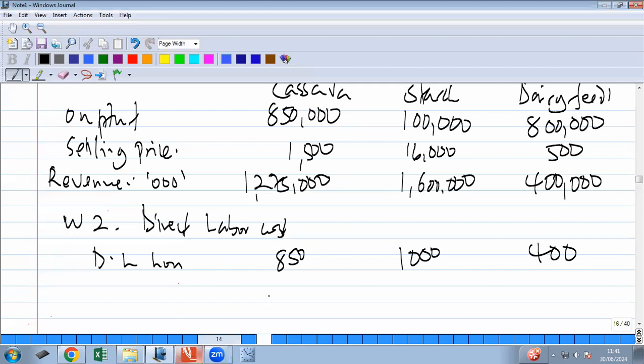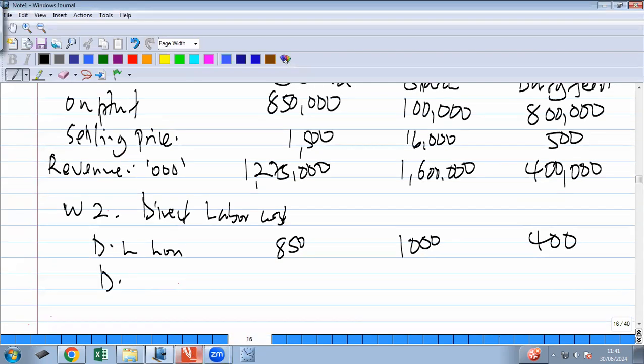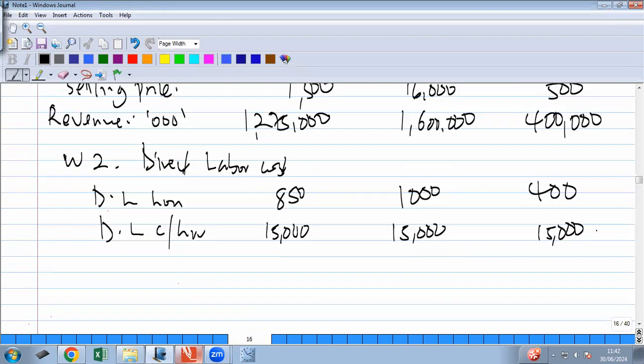Okay, so we can now put here direct labor cost per hour. It was 15,000 in the additional information for all of them. What will be our total here? Cost remains in thousands. The answer you get here, divide by thousands to reduce the three zeros.